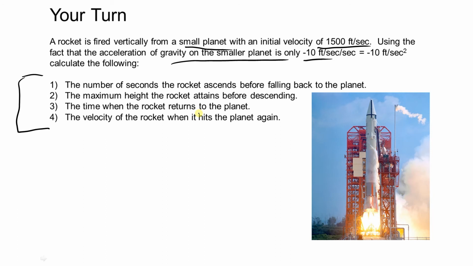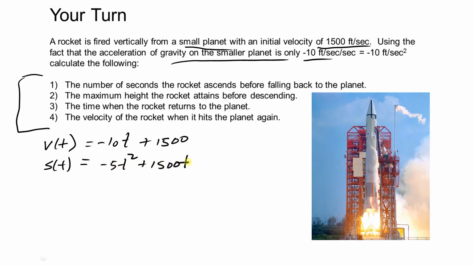If you do this correctly, you should find that the velocity will end up being minus 10t plus 1500. The position will end up being minus 5t squared plus 1500t. The number of seconds the rocket ascends will be 150 seconds.